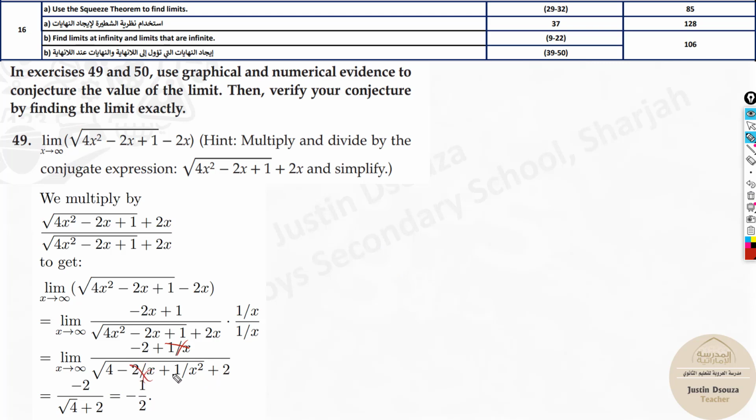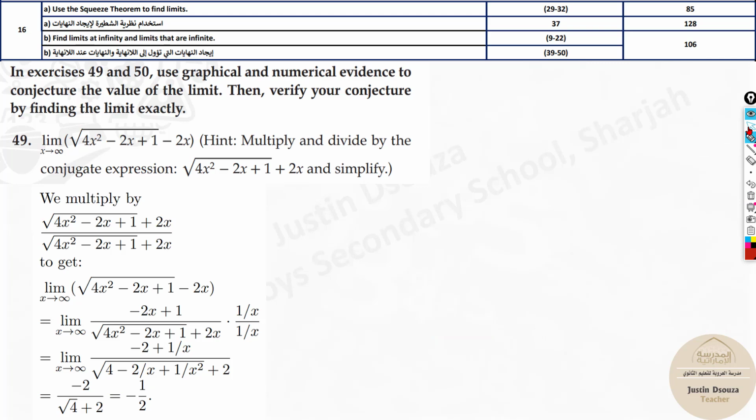All this becomes 0, 0, 0, whatever is divided by x. The remaining terms are minus 2, square root of 4, all the others are 0, plus 2. So it will be minus 2 divided by 2 plus 2, that is minus 2 by 4, or negative half. So that's the answer.